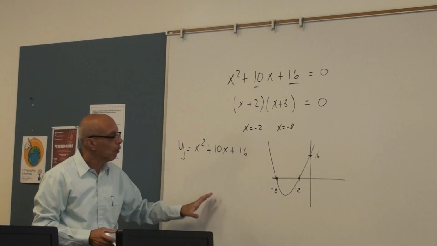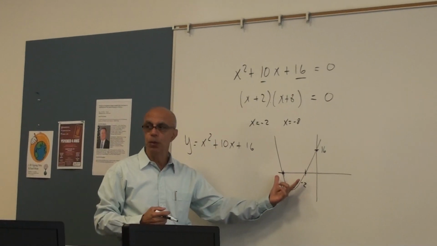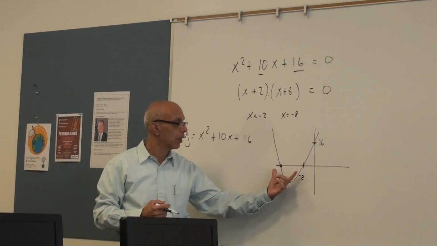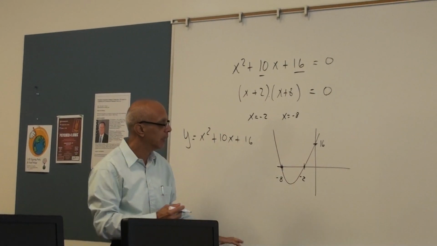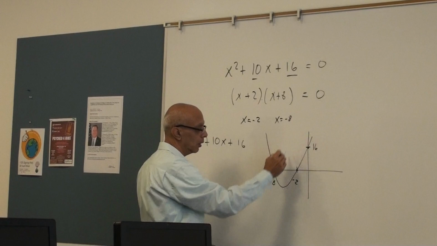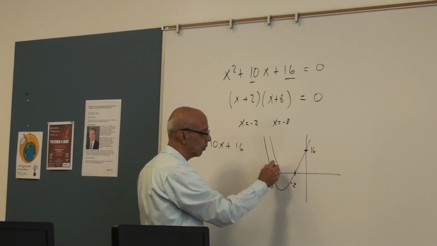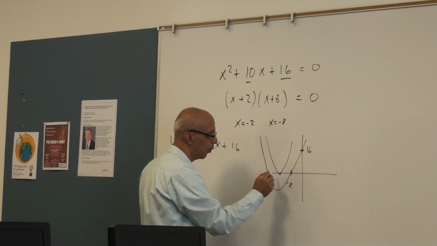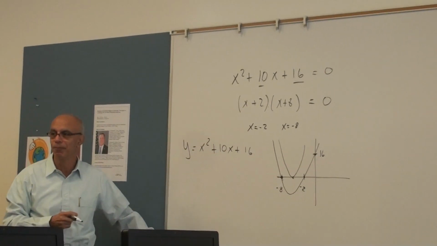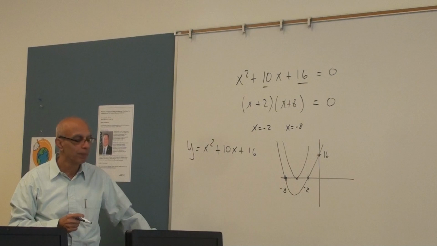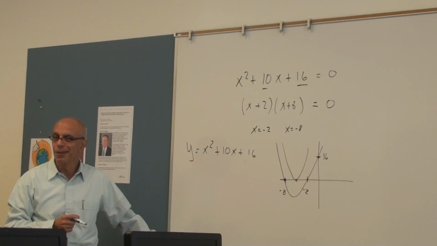Now, what happens if this U shape, this curve, starts going up and going up? What's going to happen? At some point, this parabola is going to touch here in only one point, right? When is that going to happen? When there's only one solution for x.